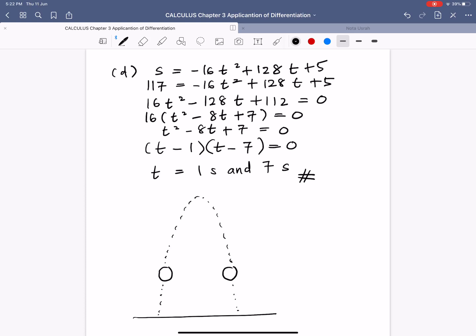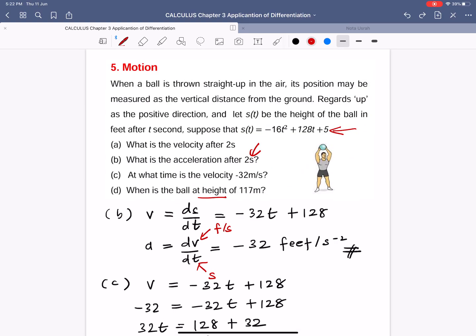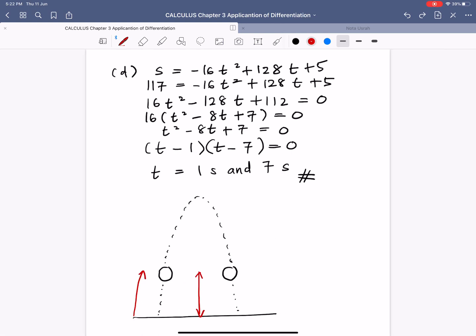When you throw from the ground, and then here, let's say, 117 feet from the ground.